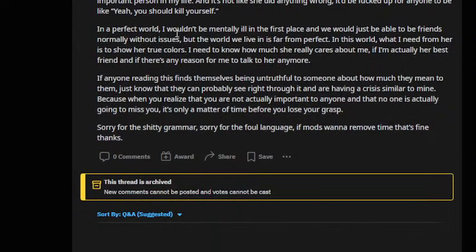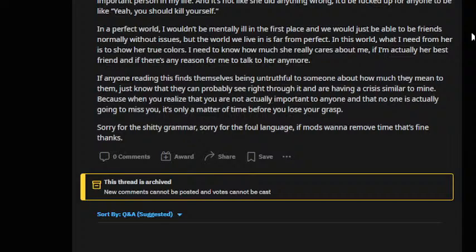In a perfect world, I wouldn't be mentally ill in the first place, and we would just be able to be friends normally without issues. But the world we live in is far from perfect. God, this is so fucking like a mass shooter manifesto. The world we live in is far, literally, from literally perfect. Joker monologue tier. In this world, what I need from her is to show her true colors. I need to know how much she really cares about me. Yes, exactly.